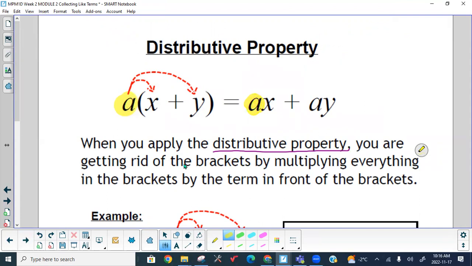So the hammer has to hit each of the nails. That means that number A has to be multiplied by everything inside the brackets. So when you apply the distributive property, you are getting rid of the brackets by multiplying everything inside the brackets by the term in front of the brackets.